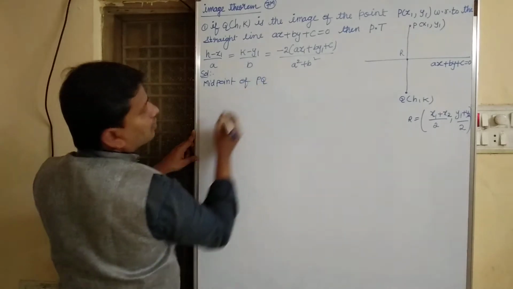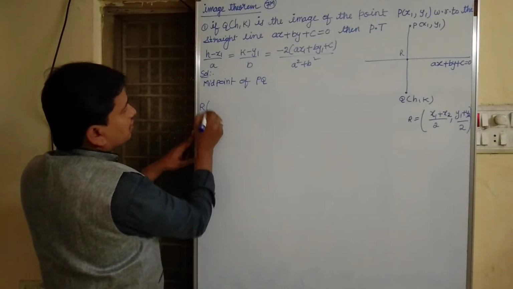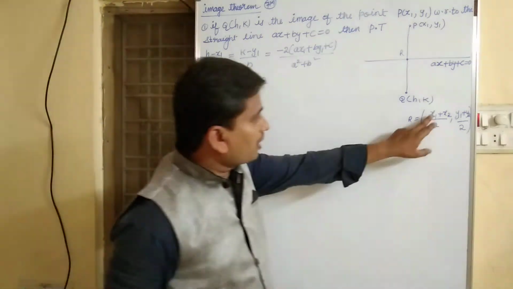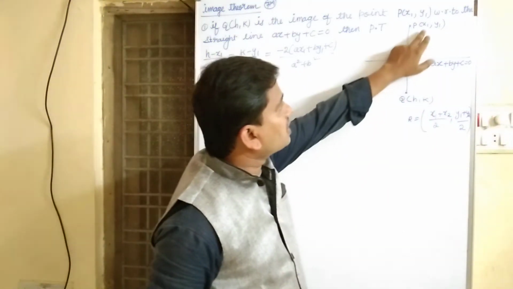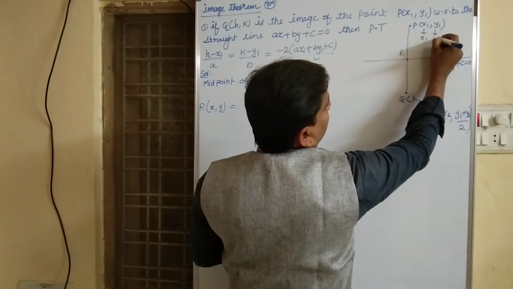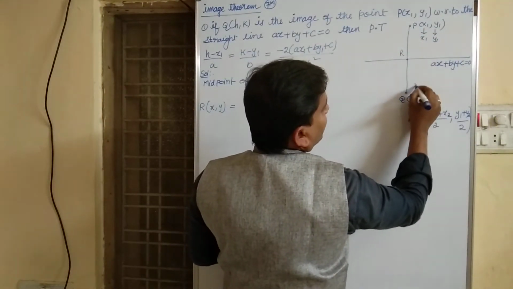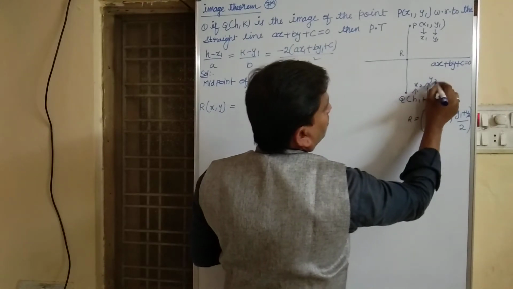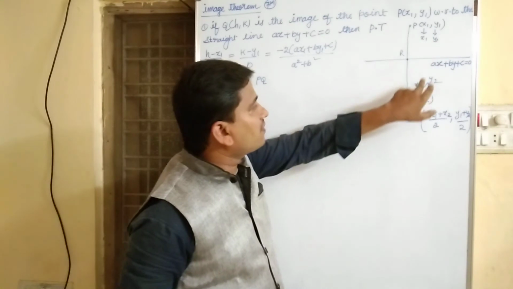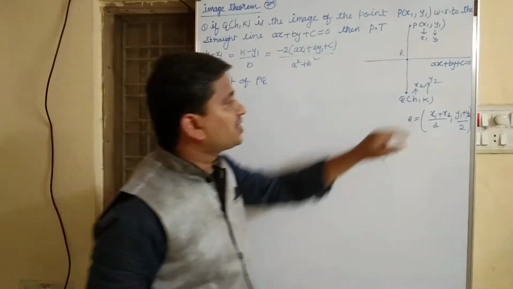We call it R of x y, equal to (x1 plus x2) by 2. Here this is x1 and this is y1, and this is x2 and this is y2. So x1 stays x1, and x2 is h, children.